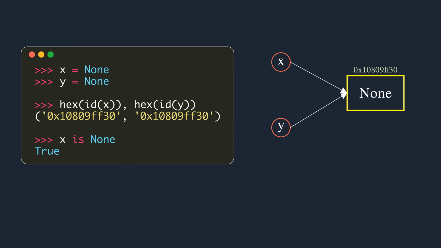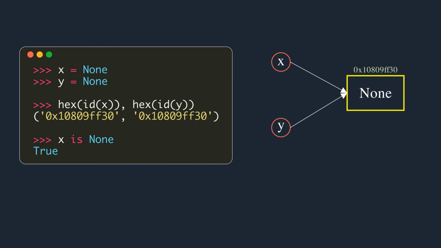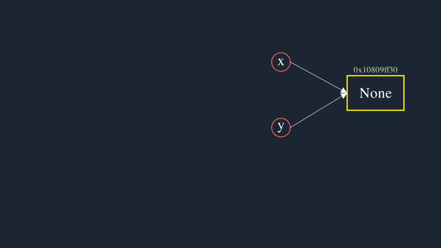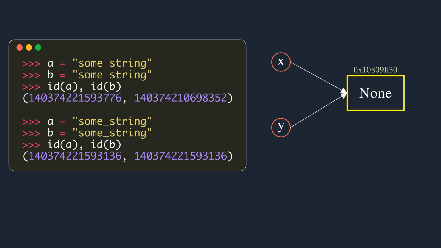Integers in the inclusive range -5 to 256 are also interned. So new objects are not created every time you use them. If you use a number not in this range, for example, 257, a new object is created every time you initialize a variable. In the case of strings, strings that look like function names are interned.